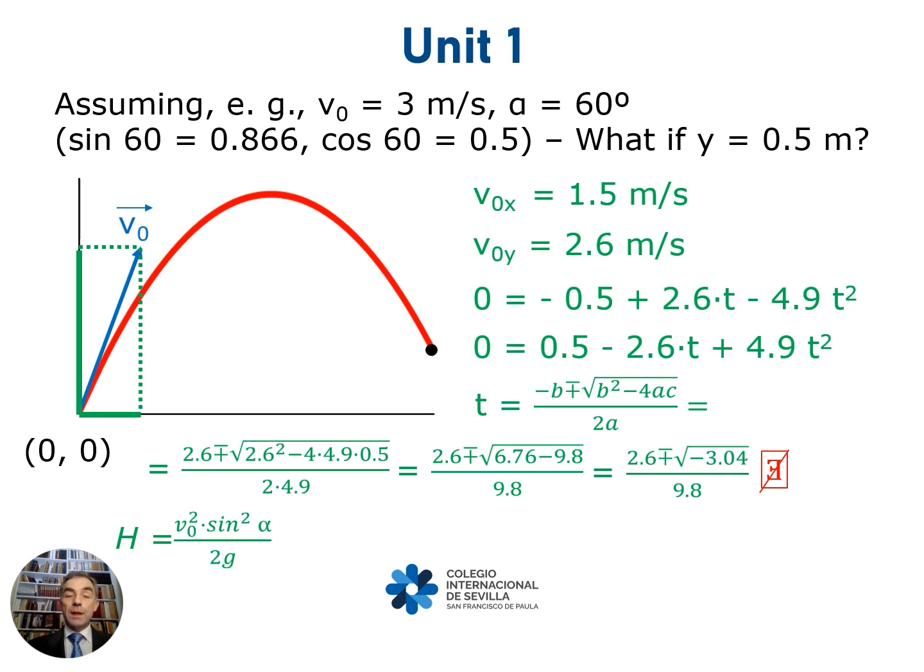If we replace our values, v0 squared is 3 squared, the sine squared is 0.866 squared, divided by 2 times 9.8, and that gives us 0.11 meters. We had already solved this problem. So the maximum height is 0.11 meters.